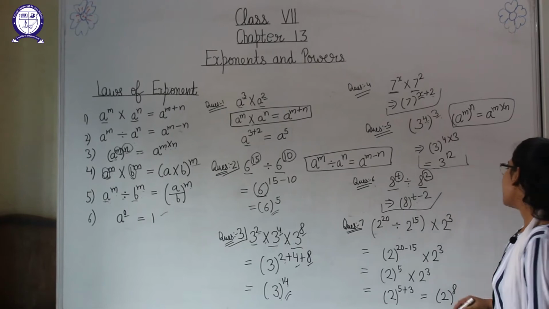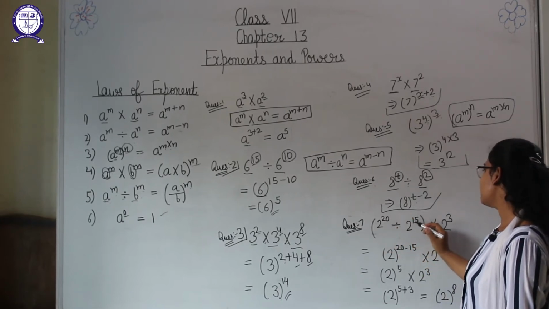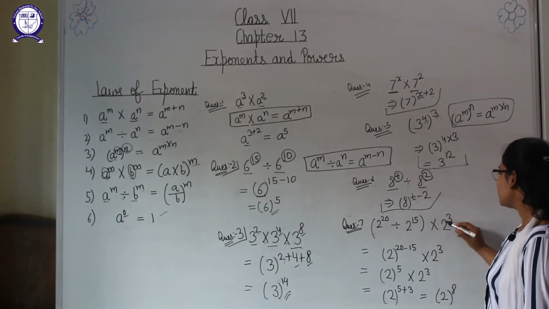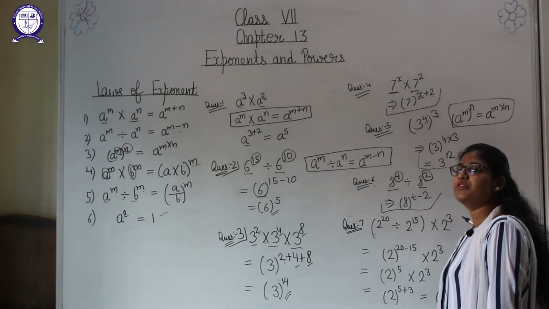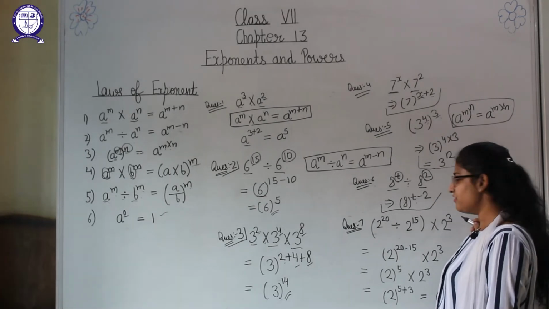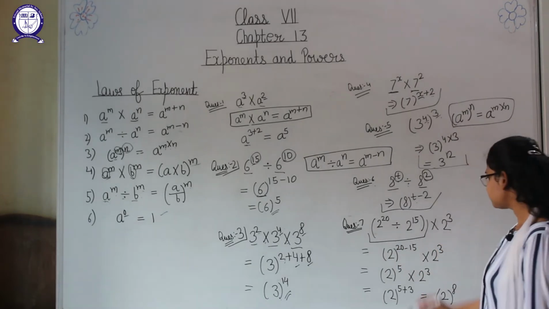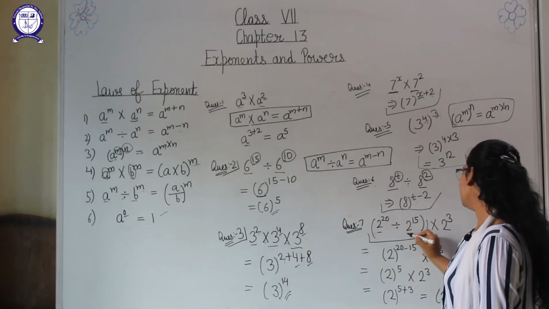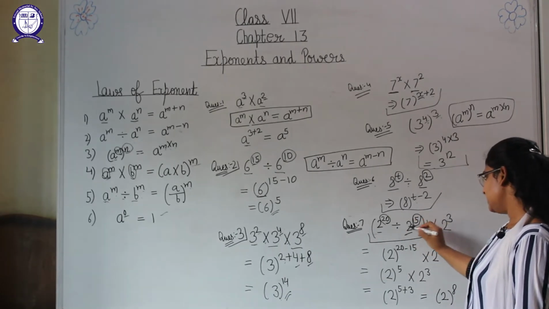Now our 7th question is 2 raised to the power 20 divided by 2 raised to the power 15, into 2 raised to the power 3. Students, as you know about BODMAS, what do we have to do? We have to solve the bracket first. So here we will solve this part first. Here 2 and 2, the bases, are the same and the powers are different, 20 and 15, and these are in division.